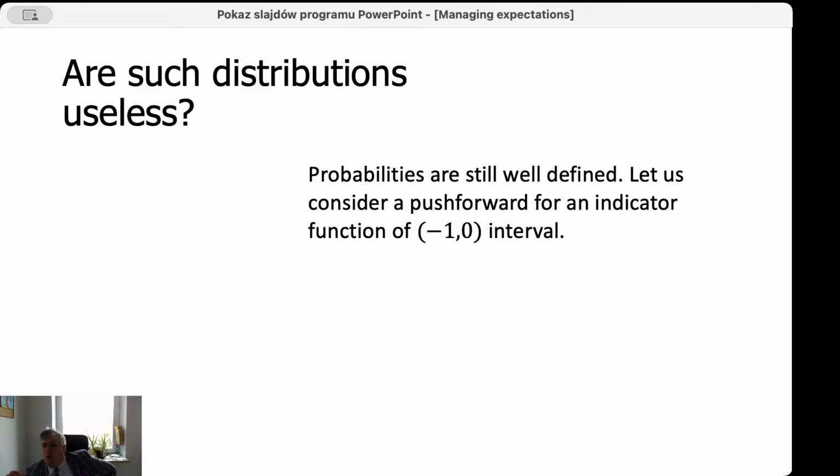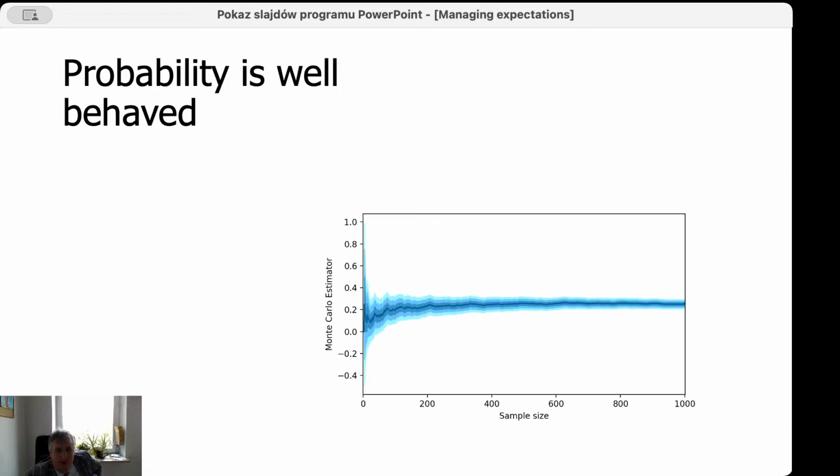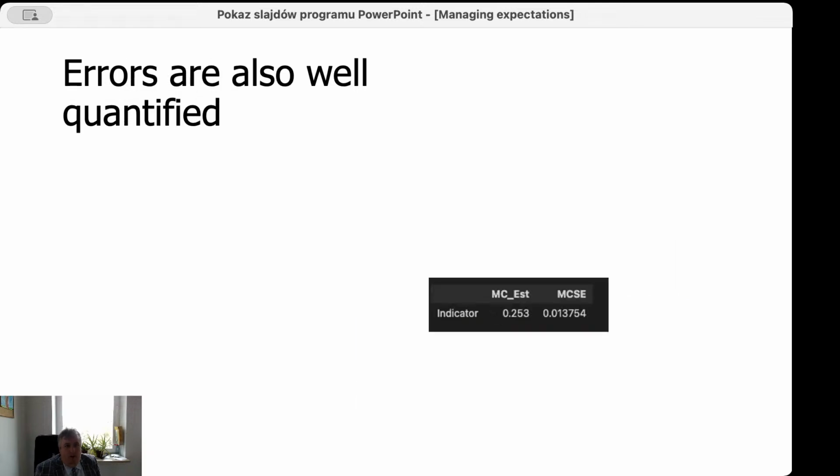If, for example, we are interested in the probability of x belonging to the interval between -1 and 0, this can very well be estimated, and the probability is well behaved because we are only interested in the relation of how many samples are in the interval we want and how many are not. The same goes for quantiles, medians, and the like. Those things are well defined and they have no problems. The moments, however, can be very, very wonky.